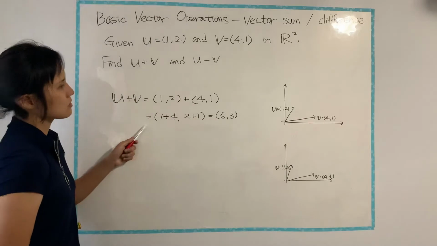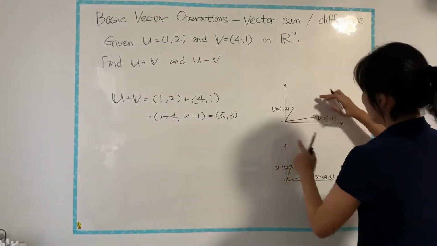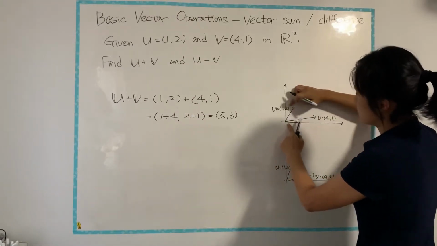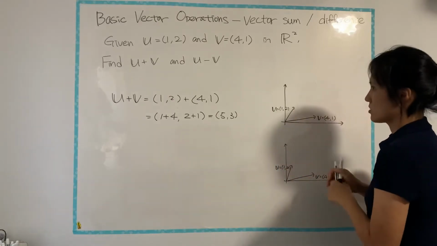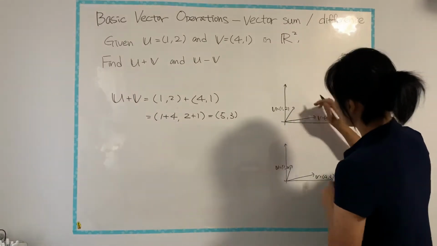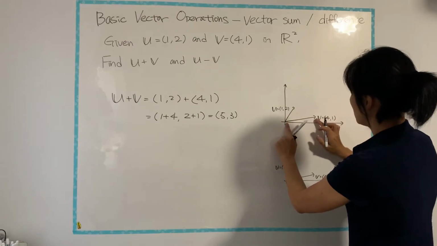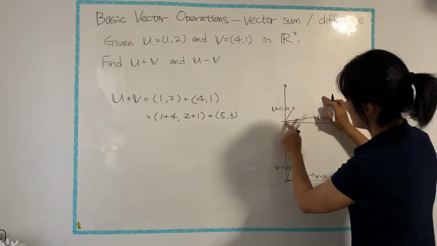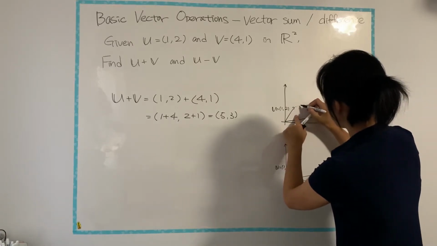So what does this look like on the xy plane? Here I have the xy plane with a u vector 1, 2 and the v vector 4, 1 up here. So the vector u plus v is actually the vector I get from pushing the v parallelly, so then the initial point is at the tip of the u.